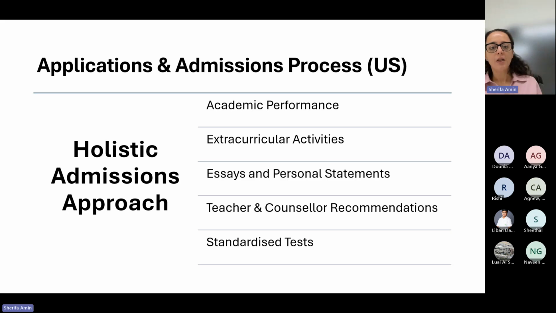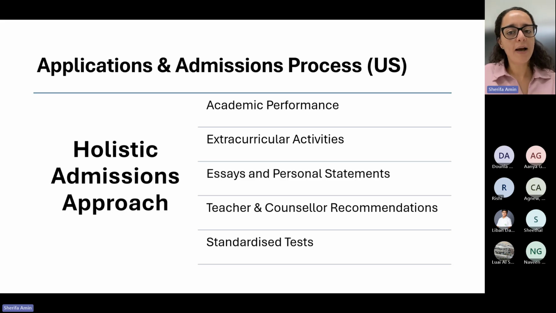So this holistic approach to admissions basically means that even if students are not good test takers, or if they don't have the highest grades, their profile can still stand out if they have strong extracurriculars, if they've written compelling essays and they have leadership experiences.